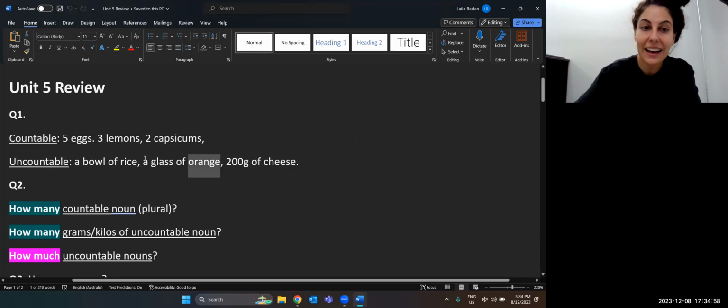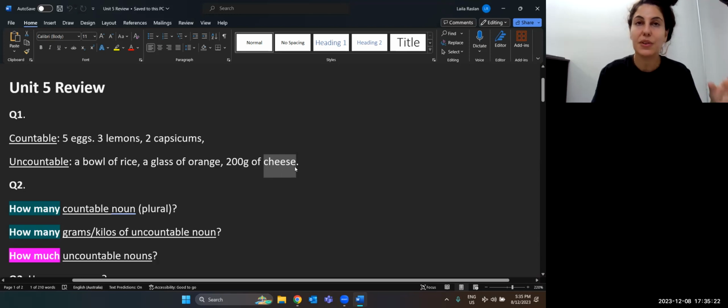I have to say a glass of orange, or 2 glasses of orange, or 3 glasses of orange. And cheese. Cheese is an uncountable noun. I don't say 1 cheese, 2 cheese, 3 cheese. I have to say 50 grams of cheese, 200 grams of cheese, 500 grams of cheese.